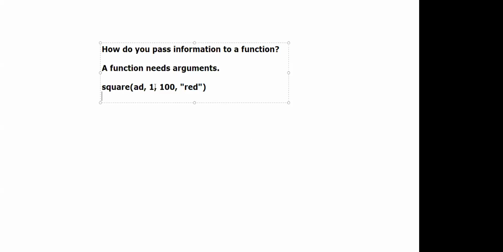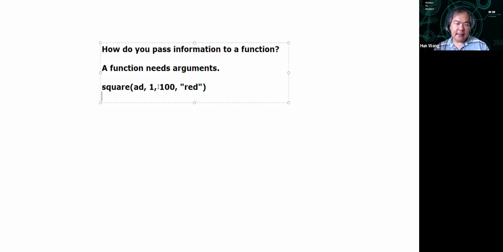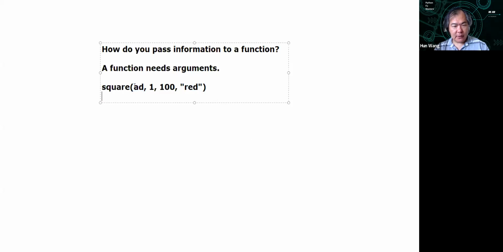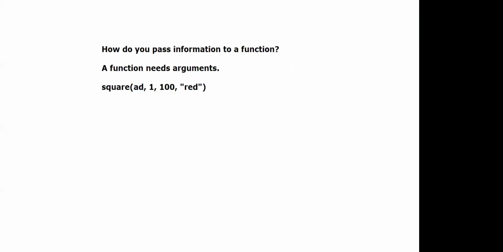String. So the pen width and the length of the side, they're integers. AD is the name of a variable, okay? Because that's the name of the pen or turtle that we made, okay? Yeah. Okay.